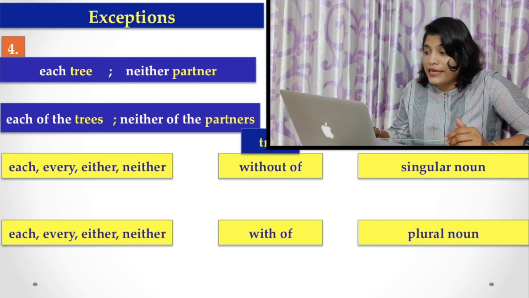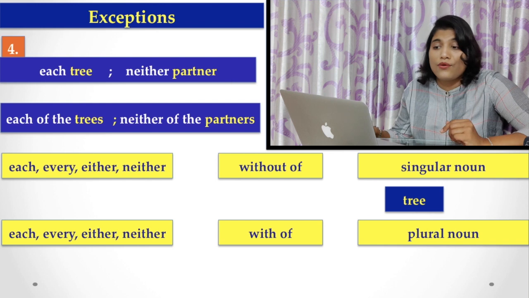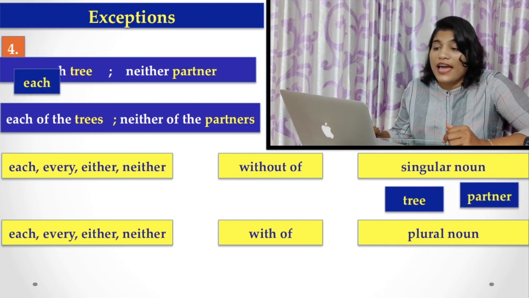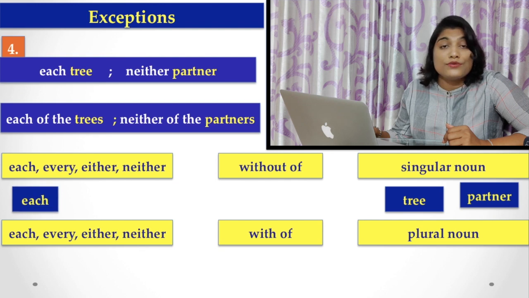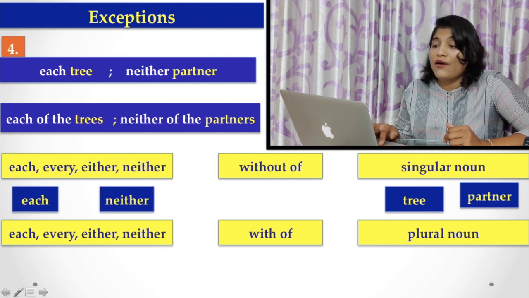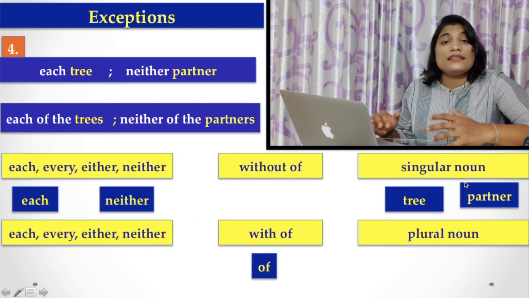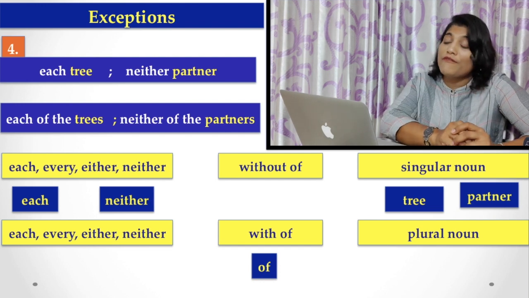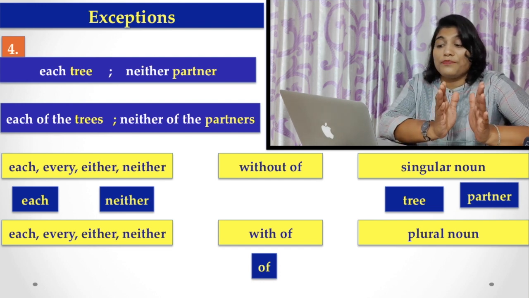For example, here tree is a singular noun, and partner is also a singular noun, and each, the group A determiner, and neither, the group B determiner, are used without of. You look at the phrase, you do not find any of, because this is a singular noun. Similarly, when it is used with a plural noun, you must use of between the determiner and the plural noun.